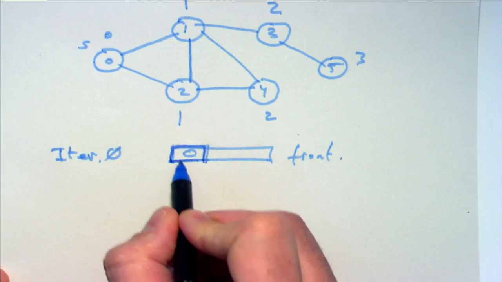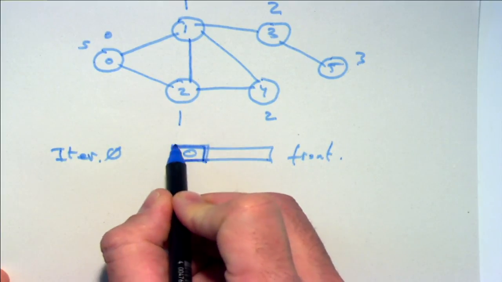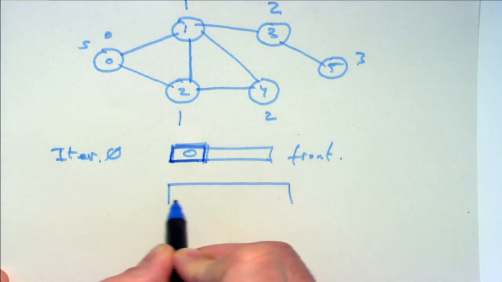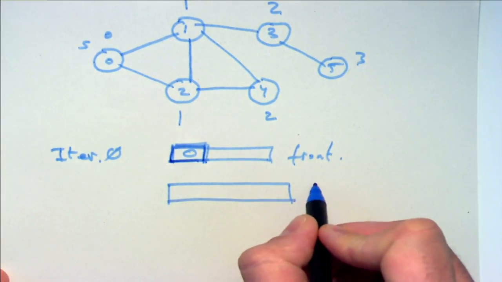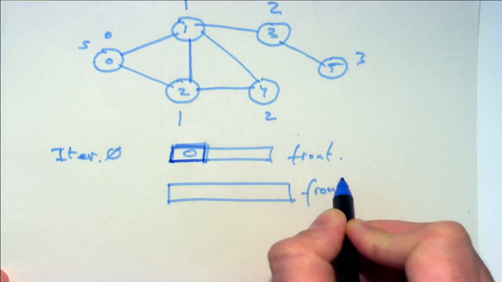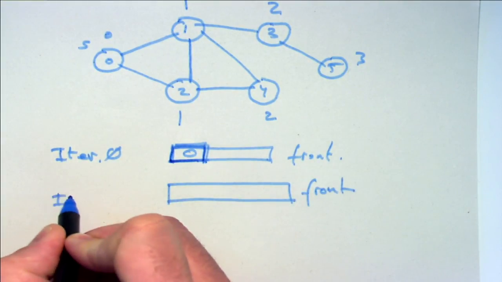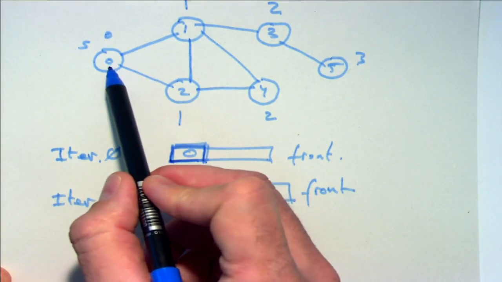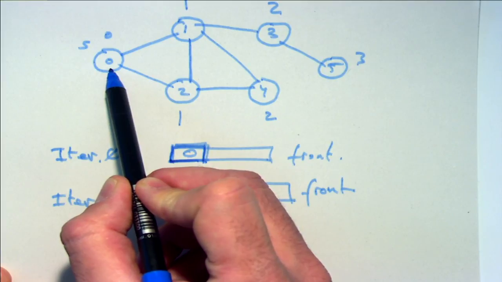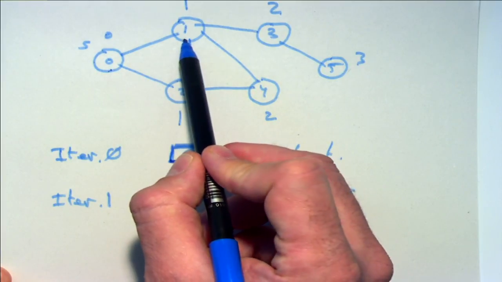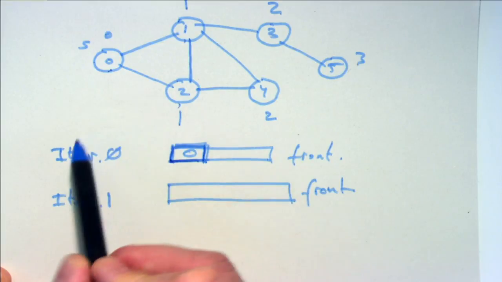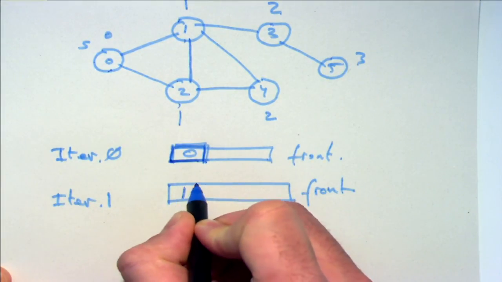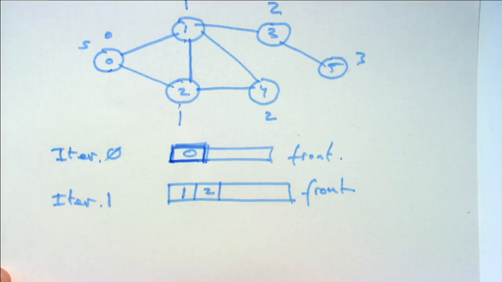From this vertex 0, we can visit other vertices, which will be our output frontier and also the input frontier of the next iteration, iteration 1. So from vertex 0, we visit the neighbors, in this case vertex 1 and vertex 2. So the output of iteration 0 is a frontier containing vertex 1 and vertex 2.